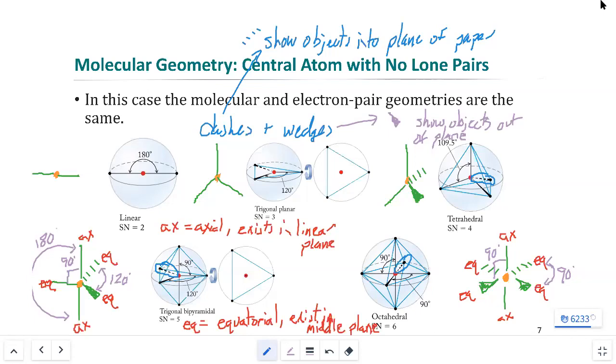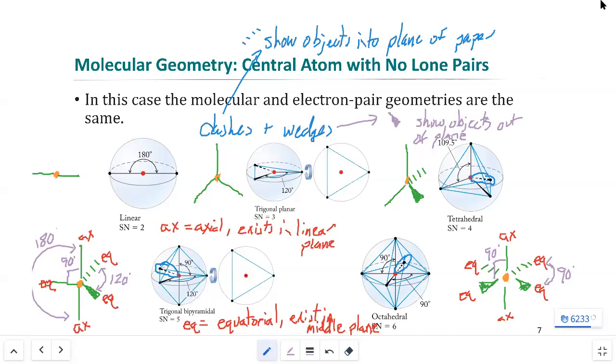So really, it's this one here, the trigonal bipyramidal, that's going to give us the most problems when it comes to making that difference and distinction between molecular shape and electron domain shape. Because the differences between them have everything to do with where to put electrons, unshared electrons that are on the center atom.